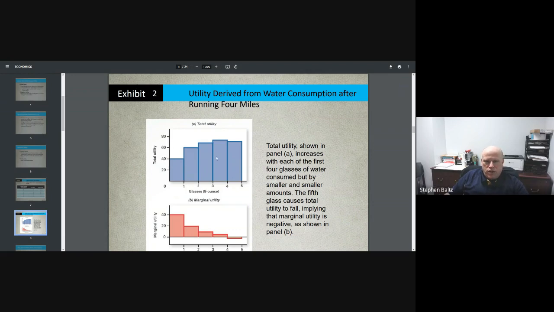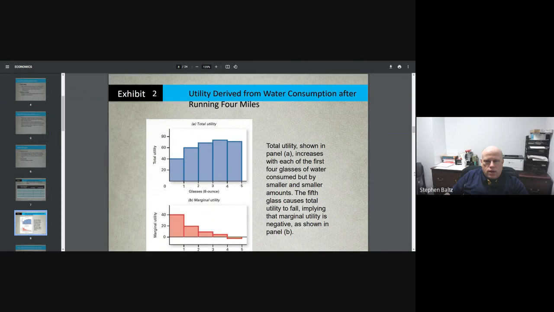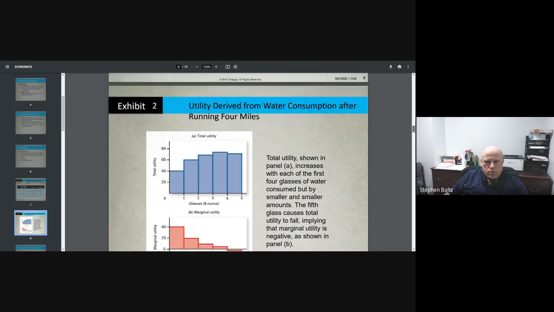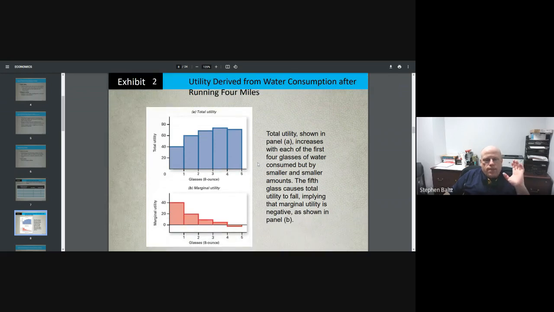Total utility is at the top, labeled A, and then marginal utility is at the bottom, labeled B. Okay, so let me move that down just a little bit where we can see it better. You'll notice that total utility increases at first as long as the marginal utility is a positive number.